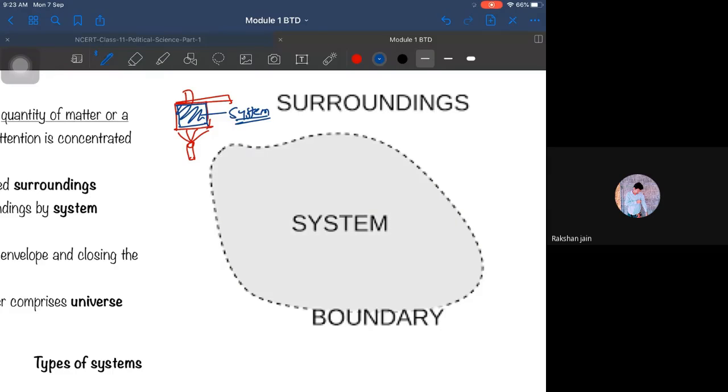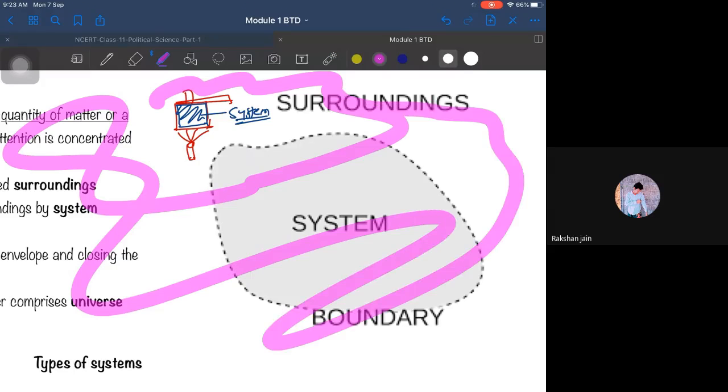Okay. So apart from the system, it might be anything. See, this is your system, this whole thing is your system. Apart from your system, all the other things would be your universe.